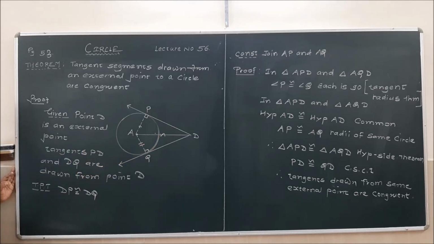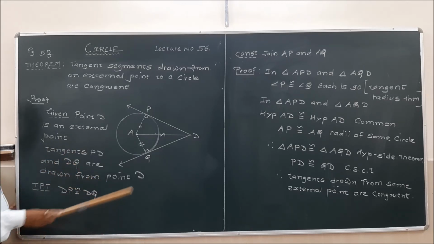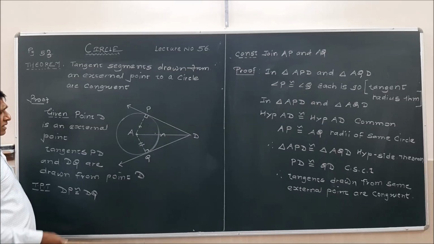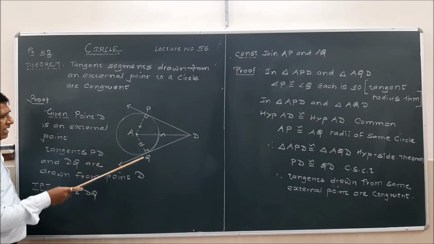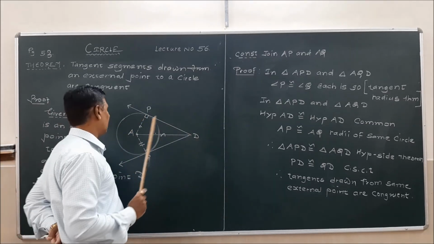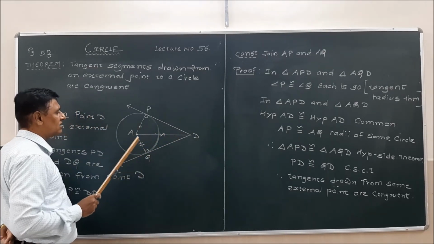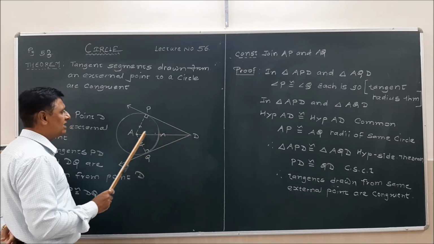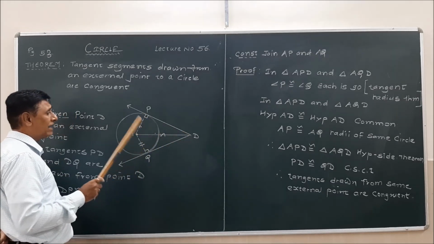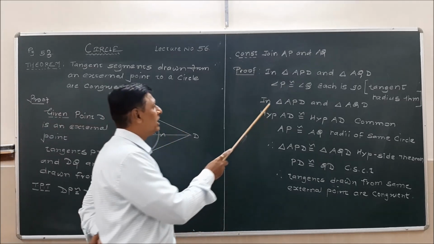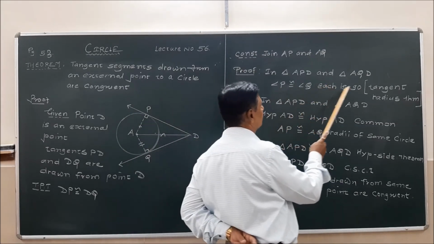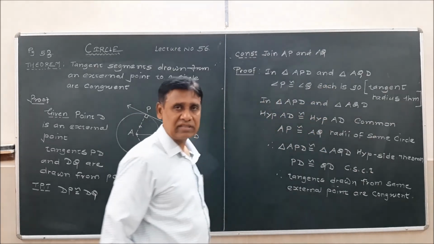We have to prove DP is equal to DQ. Point D is an external point. Tangents PD and DQ are drawn from point D. To prove that DP is equal to DQ. Construction: join AP and AQ. Then in triangle APD and triangle AQD, AD is the hypotenuse, which is opposite to 90. But before that, angle P is equal to angle Q, which is 90, because of the tangent radius theorem.